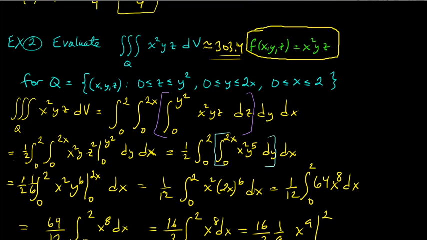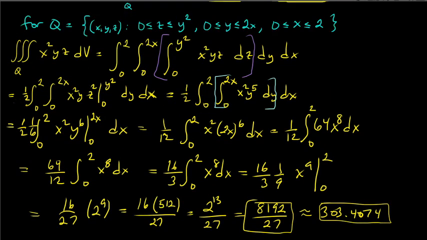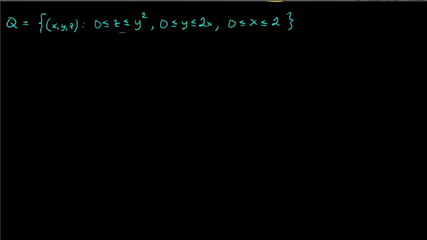Okay, so again, this number is the mass, but the mass of what? Some three-dimensional object. So what does this object look like? For that, we look at Q. I'm going to do the best I can to do a graph of this. The real trick is to figure out how to orient your axes here.